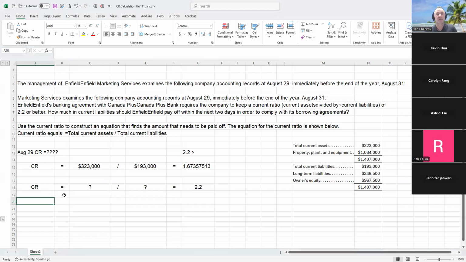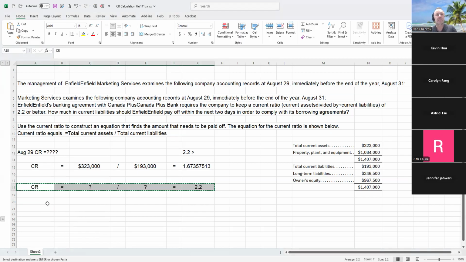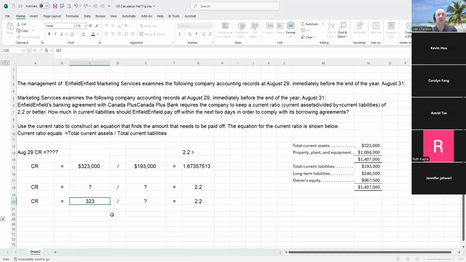So again, based on this, we're going to have 323,000 minus X divided by 193,000 minus X equal to 2.2. Solve it for X and move on.